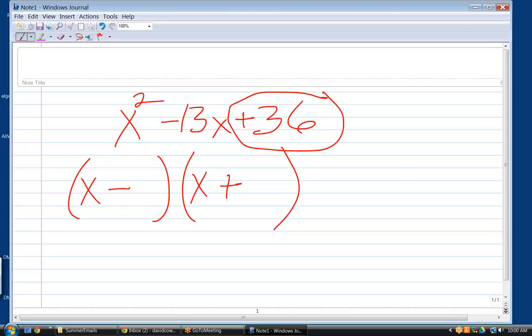Negative? Yeah, it would be negative, right? And it's not negative. Therefore, it cannot be a negative and a positive. So it's both positive? Well, they both have to be the same. They don't have to both be positive. They could both be negative. You produce positives by multiplying either a positive times a positive or a negative times a negative.